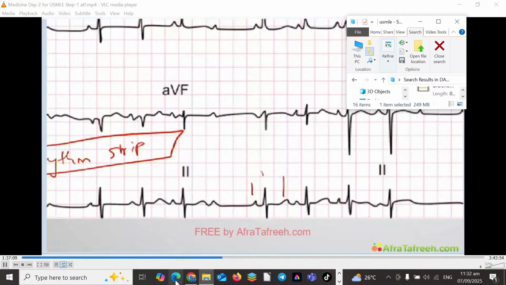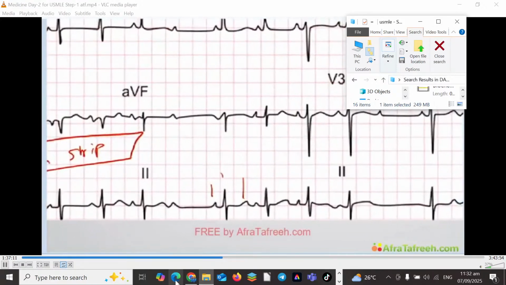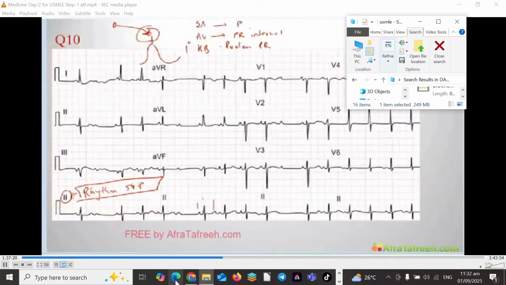First look at the PR interval just before the missed beat. See, this is the missed beat. Just look at the PR interval here and look at the PR interval after the missed beat.